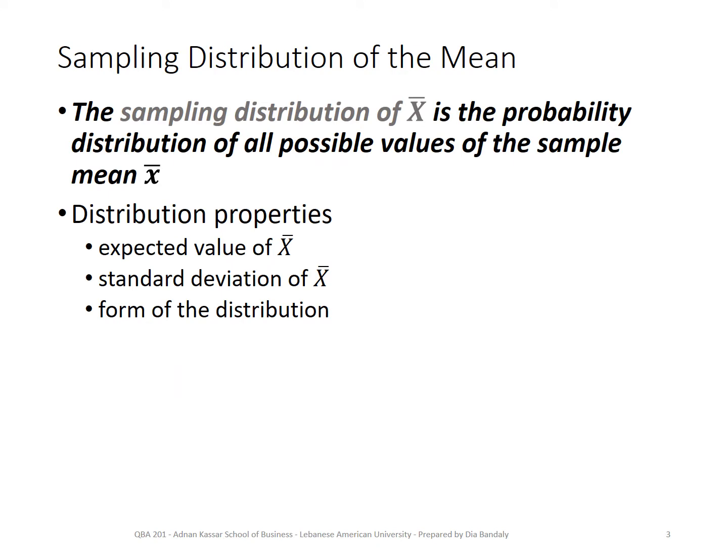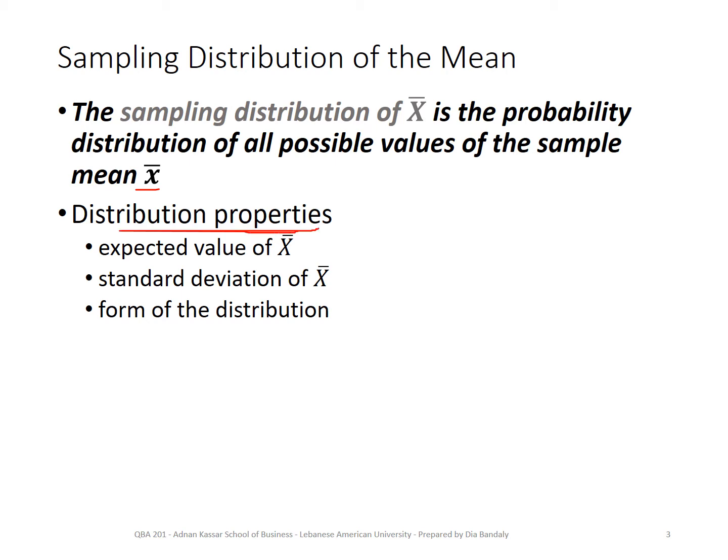So this is now the formal definition of sampling distribution. It's the probability distribution of all possible values of a sample mean X bar. As we learned in the previous topics, any distribution has properties, right?